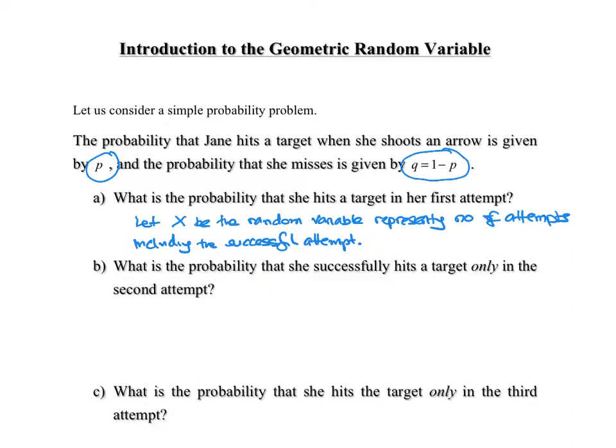So in this first example, P(X = 1) is simply P.